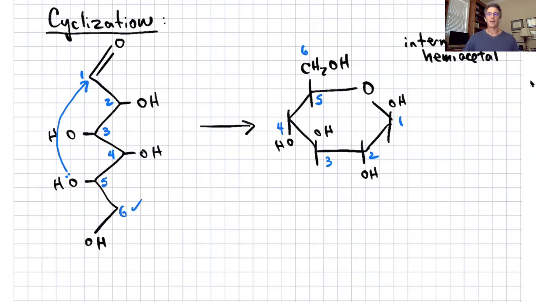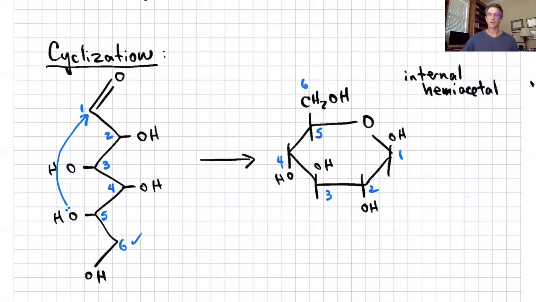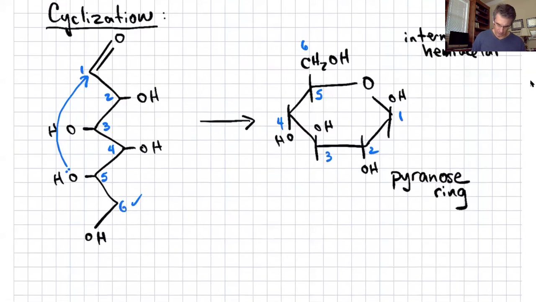This closed 6-membered ring also gets a name. It's known as a pyranose ring, because of that 6-membered closed ring. Now remember, like I said, this is D-glucose.